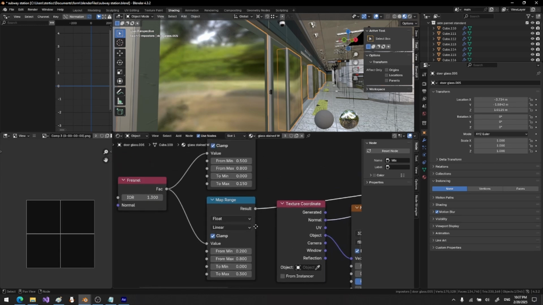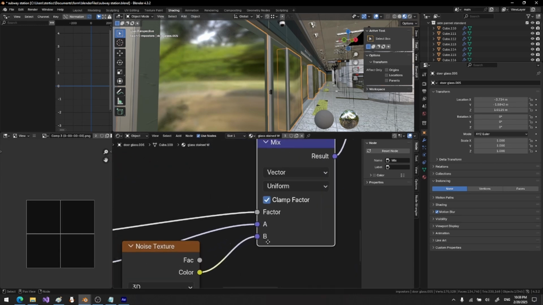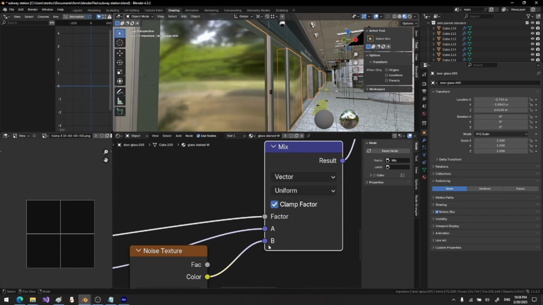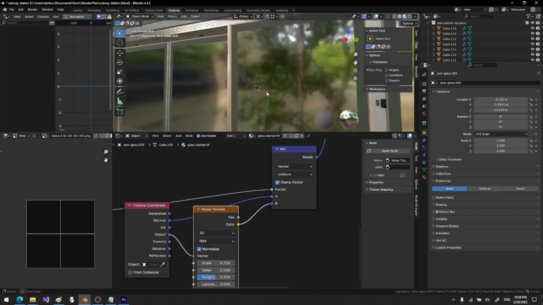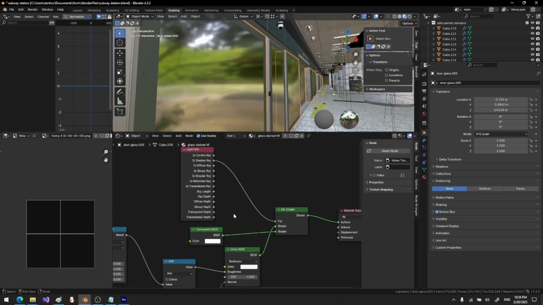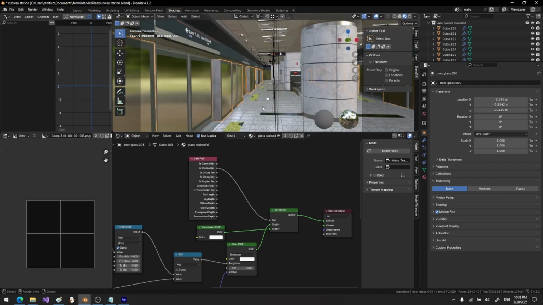And since our Fresnel value will be higher over here and lower over there, the closer the factor is to 1, it will output B, which is a noise texture. So over here will be the random vectors, but the ones close over here would be the accurate vectors. And that's how I implemented the surface imperfections for the panels over here.